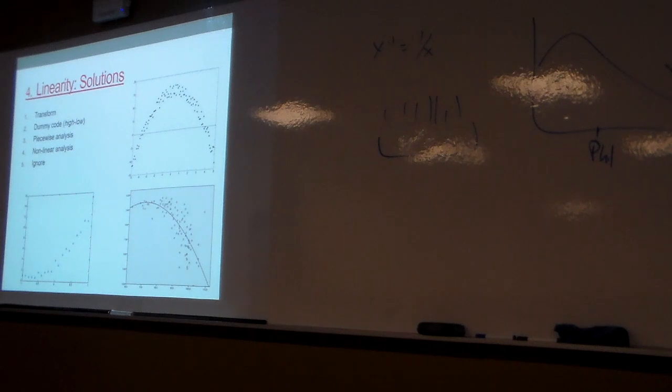Nonlinear analyses, we can start to run different types of models that include power terms and things along those lines, or we can also ignore it, right? This example right here might be a case where we might just ignore it, right? Because in these data, it might look like I can see what looks to be a nonlinear trend, right?